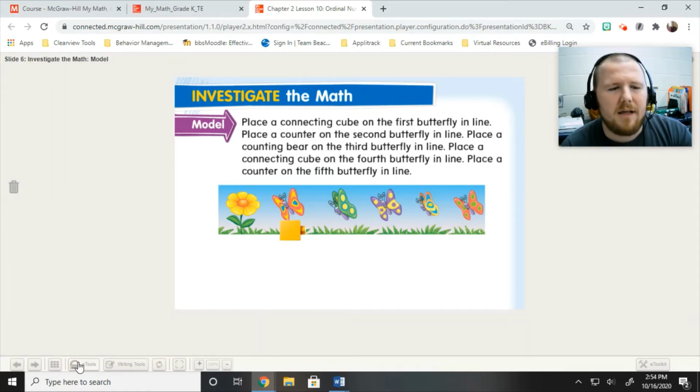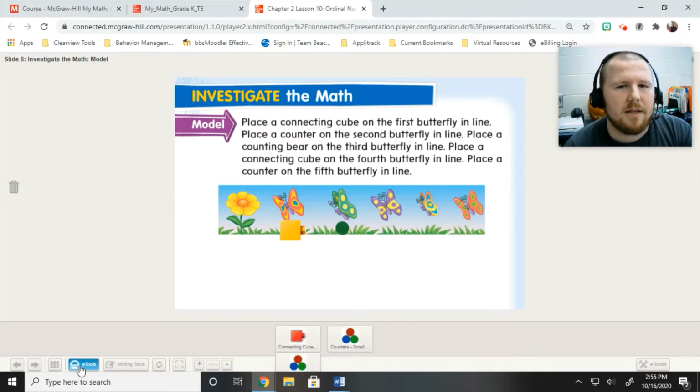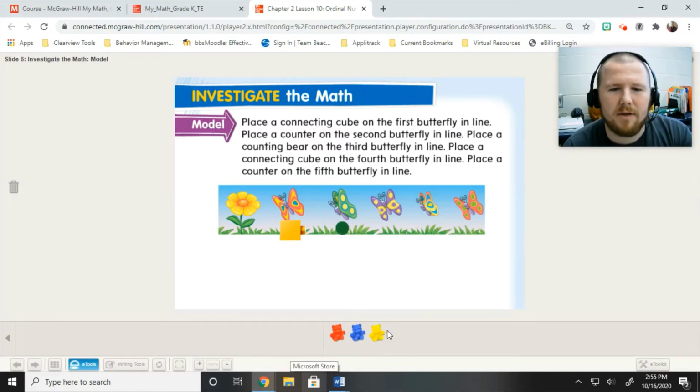Then they're asking to put a counter on the second butterfly. I'm going to change the color. Green counter on the second butterfly. Then they want a counting bear on the third, and yes, I do have a counting bear.